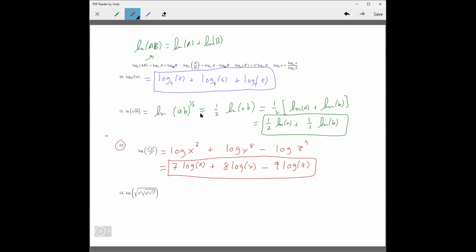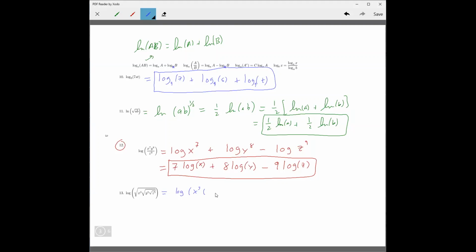Okay, so let's look at number 13. Expand this one out. This is really weird. First of all, you have a square root, so let's rewrite the square root as a power of 1/2.